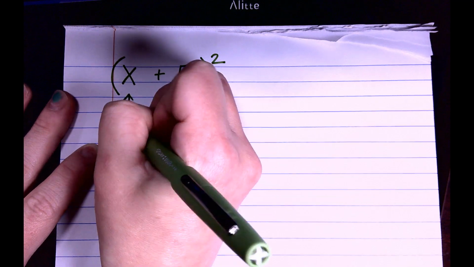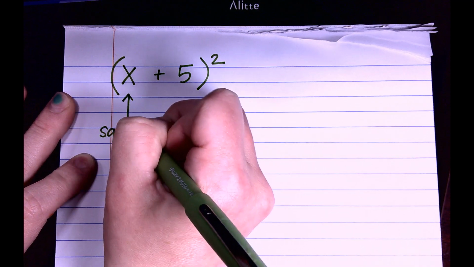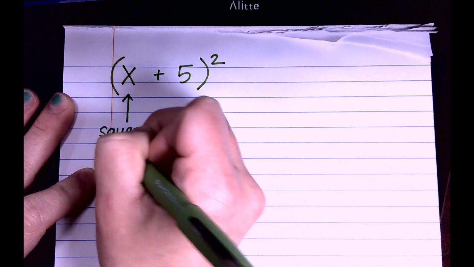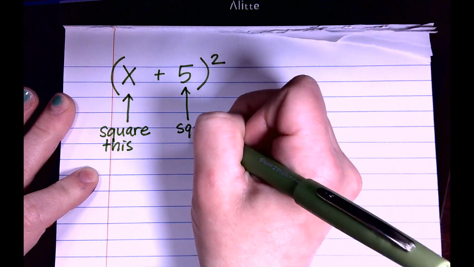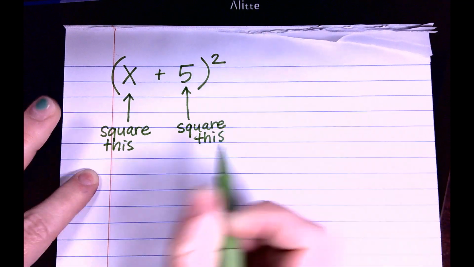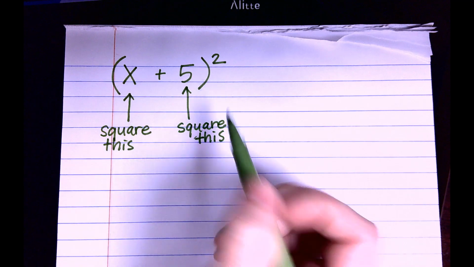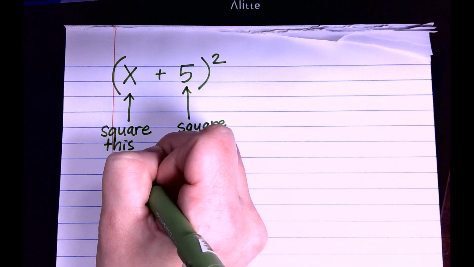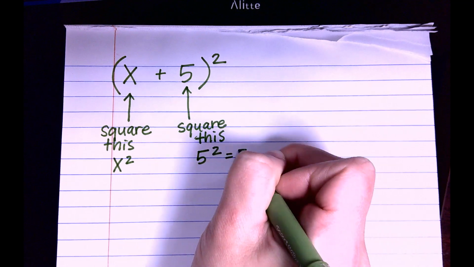So we're going to square this, square this. So we're multiplying them by themselves, basically. X squared and 5 squared, which is 5 times 5.